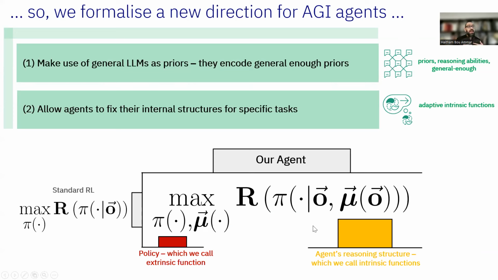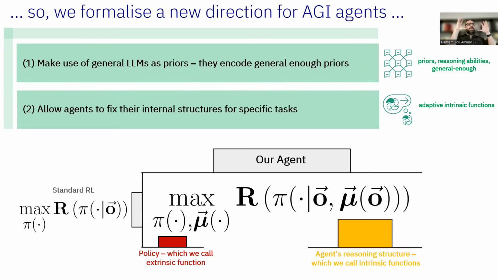We call this vector mu, or these mu functions, intrinsic functions, because they are acting on the agent's memory. Those intrinsic functions don't necessarily do anything related to the real environment outside. They might record some history, but they are not the ones that execute the action in the real environment.